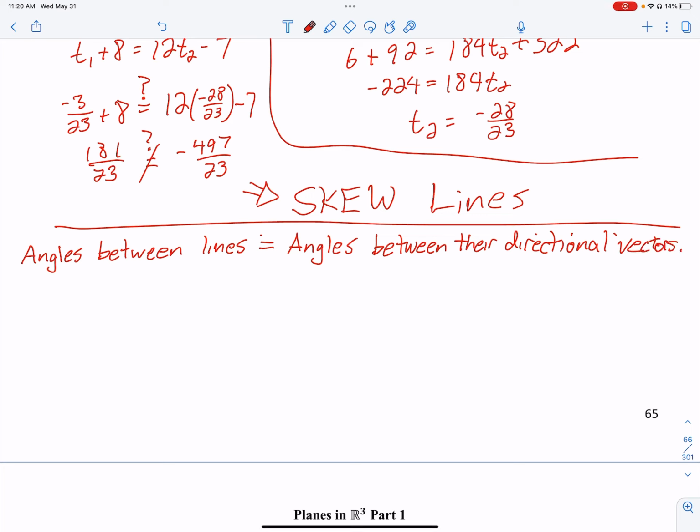Okay, so if I want to find the angle between, I'm just going to use my angle between vectors formula with v1 and v2.